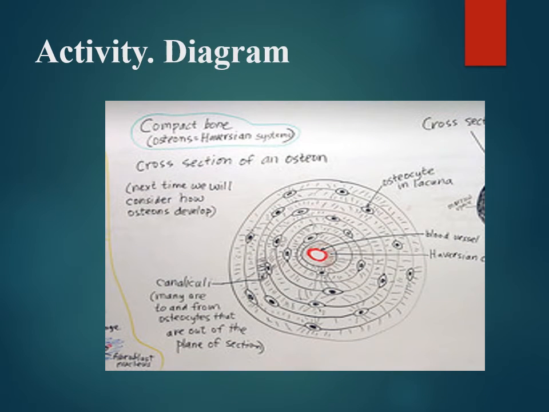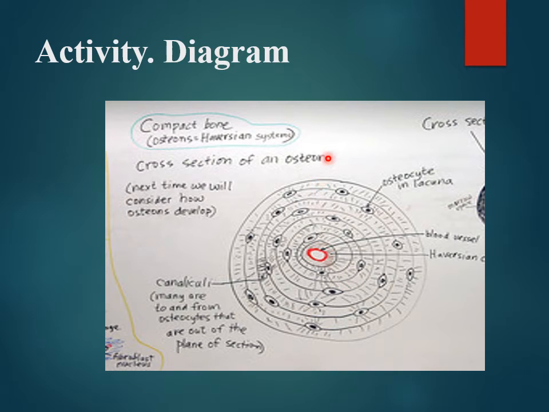This is a diagram of the compact bone. From this diagram, we will first locate that circular area. We said concentric rings. They are like circular lines going round.